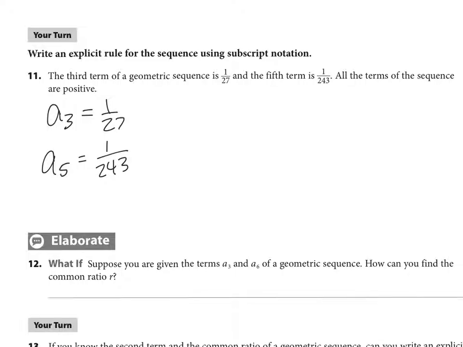Okay, so I can't get the common ratio immediately. The reason I cannot get the common ratio immediately is because they're not consecutive terms. I can't look at it and say, this is what I did to get the next one. However, I can look at it and determine that my common ratio is a value that's what?